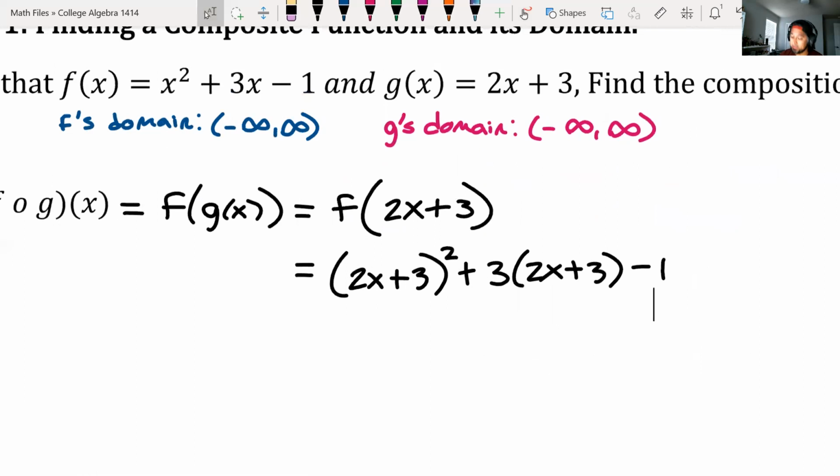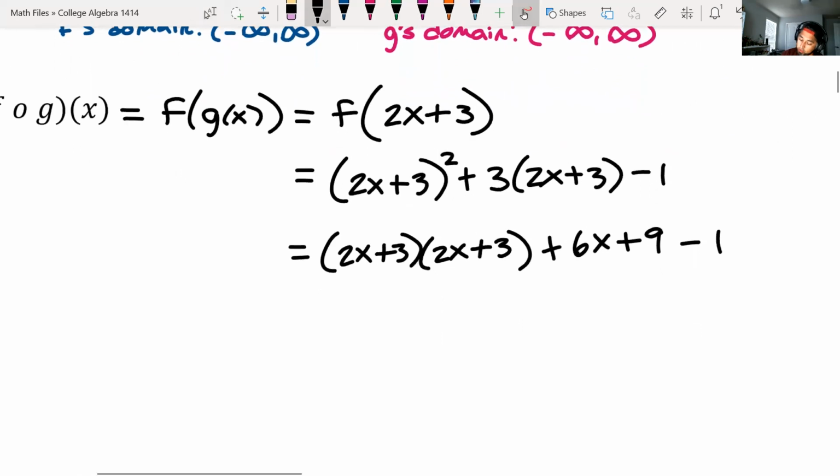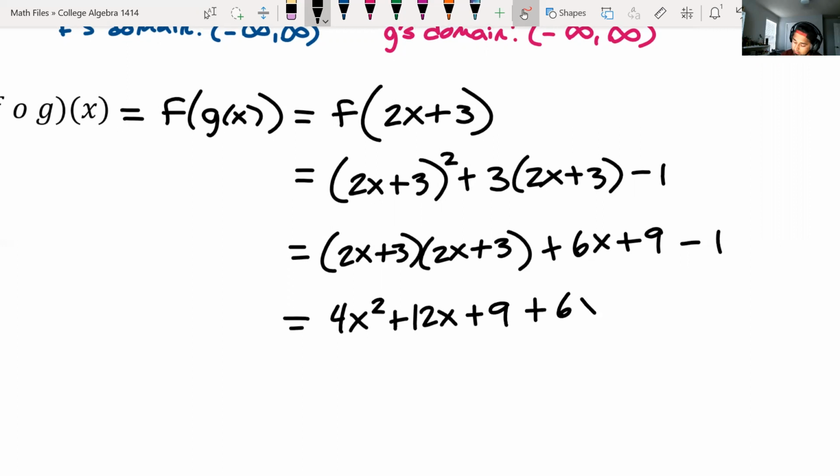And now all we have to do is simplify. So (2x plus 3) squared has to expand to (2x plus 3) times (2x plus 3). You can distribute the 3 already, giving me 6x plus 9 minus 1. And then FOIL the 2x plus 3's. That should give me 4x squared plus 12x plus 9 plus 6x plus 9 minus 1. Now simplify and combine like terms.